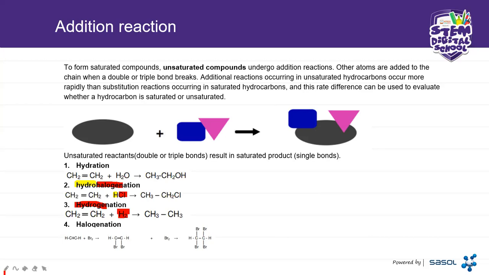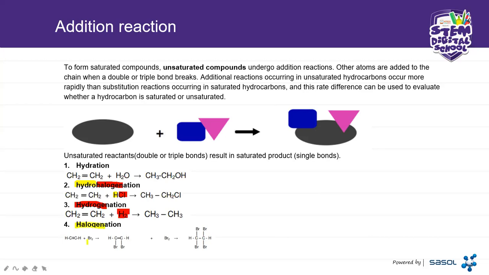Okay, so let's see the halogenation. This one is also pretty much self explained, right? It's very simple. We are adding a halogen into our alkene or alkyne. As you can see, there's our halogen.